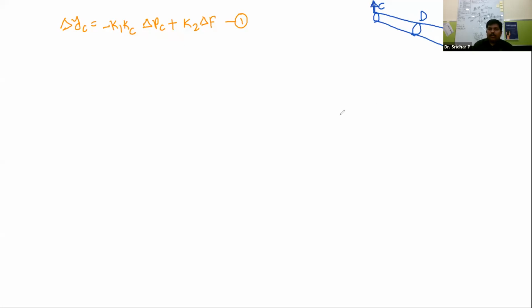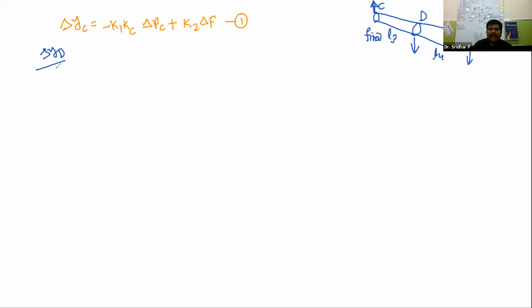Okay, now C, D, E. If C moves in the upward direction, then D relatively moves in the downward direction, and E also moves in the downward direction. Here the perpendicular distances are L3 and L4. My intention is to find the response of D based on E and C. Let me assume the first one is fixed.